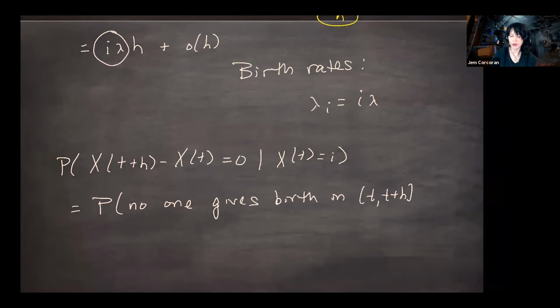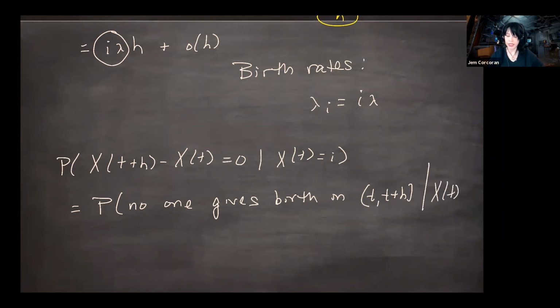Now, once we introduce deaths into the population, it could be that no one gives birth, or one person gives birth and one individual dies. That's 2 things happening in a really small time interval, but without any assumptions about it, that's what you have to assume. And we'll see that that part actually turns out negligible.